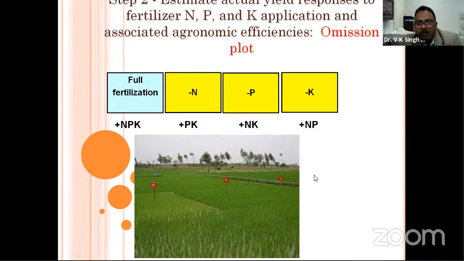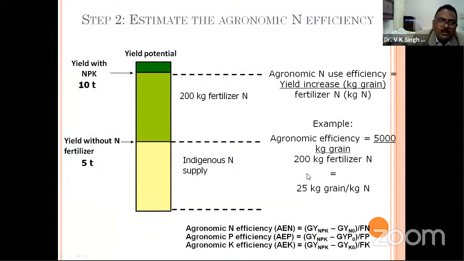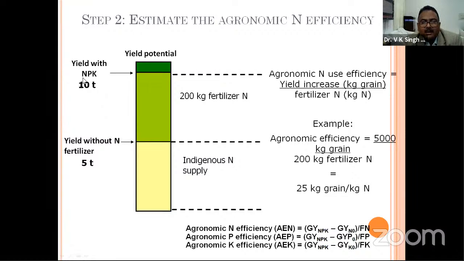So how will you use it? For example, this is our potential yield. We can attain 10 ton of yield, for example, and once we apply NPK, we are getting 10 ton yield. Once you apply only PK, no nitrogen, then we are getting 5 ton yield. So the difference is 5 ton. So from 5 to 10 ton, how much nutrient have we applied?